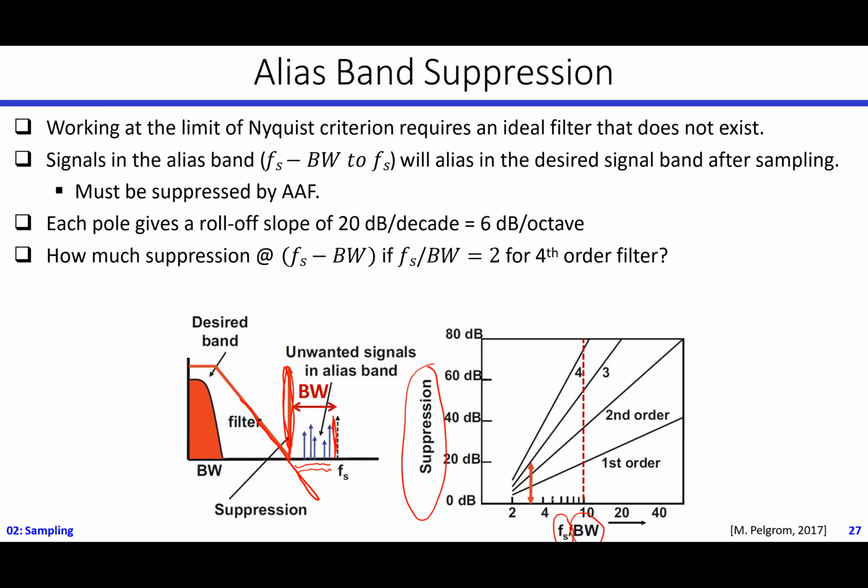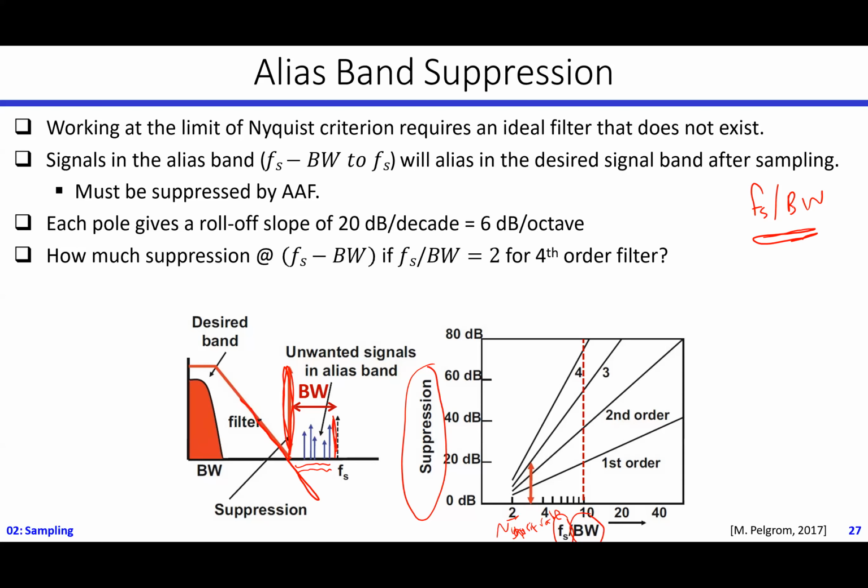You can see that Fs divided by bandwidth is minimum equal to 2. Why? Because this is the Nyquist rate. This is the minimum that I can select, where Fs is double the bandwidth. So Fs over bandwidth is equal to 2.